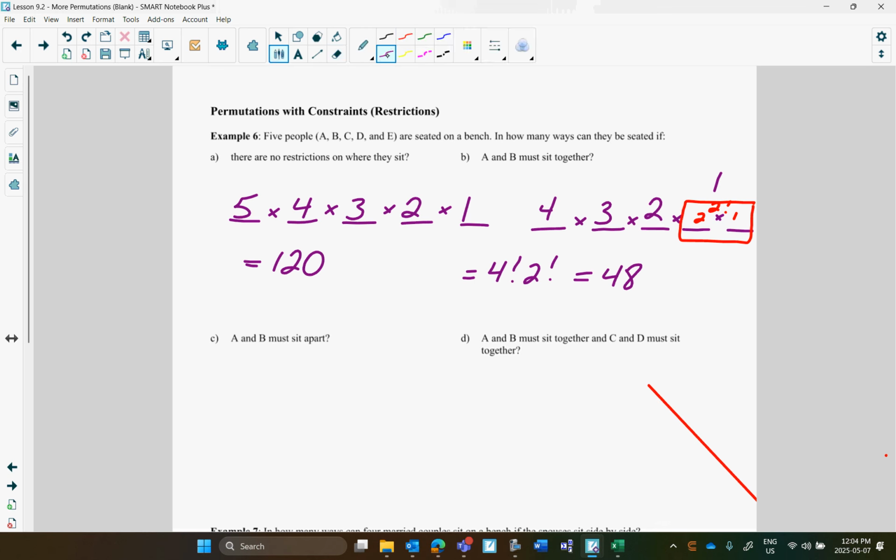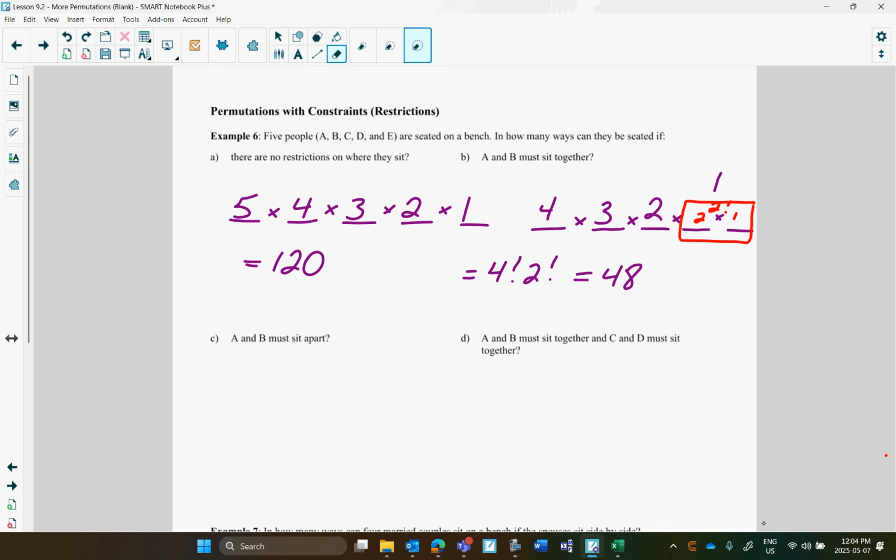This you've got to think. Use the previous question. The hint I will give you: use the previous answers. A and B have to be apart so they don't sit beside each other. Another hint, I don't have to use factorials. I've got the numbers I need from the previous 2.